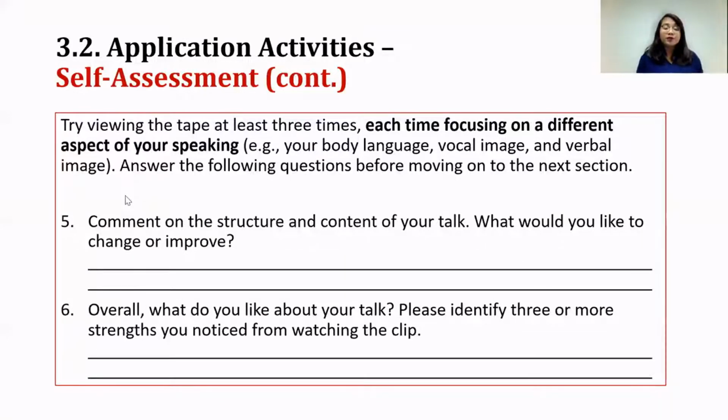Overall, what do you like about your talk? Please identify 3 or more strengths you notice from watching the clip. So encourage the students that despite all the things that they need to improve in their talk, they need to find at least 3 things that they think are already good.